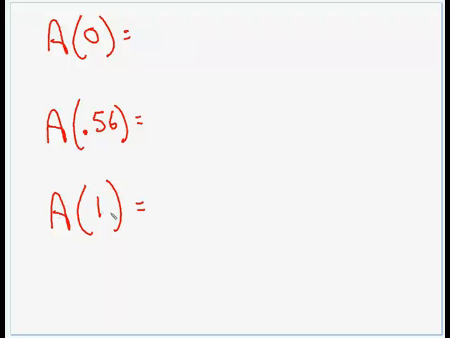When we plug in A of 1 in the original function, we get an output of 1. When we plug in our critical number, 0.56, we get approximately 0.56. If we do A of 0 in the original function, we get a value of 1.273. That is by far the largest. That maximizes area. But A of 0 gives us max area.